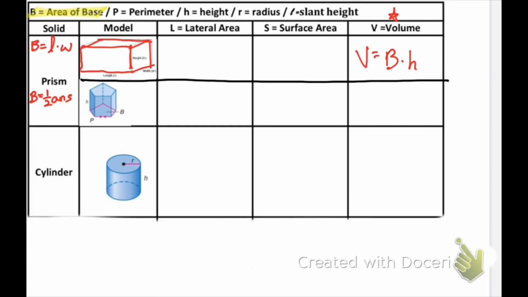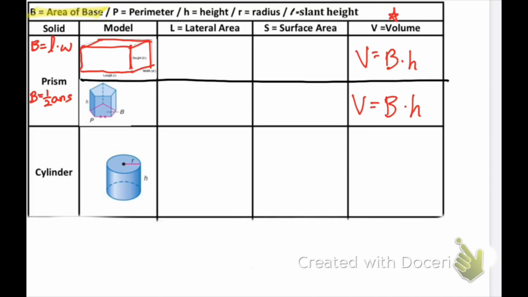So everything that we just did in chapter 10, calculating the area of pentagons, regular hexagons, regular octagons, that's all going to come back. So we will be using trig possibly to solve for the apothem. So everything we just did in chapter 10, we're still using it. Now to calculate the volume of this prism, this hexagonal prism, right prism, I'm just going to take the area of the base and then multiply it by the height. And that gives you the volume.